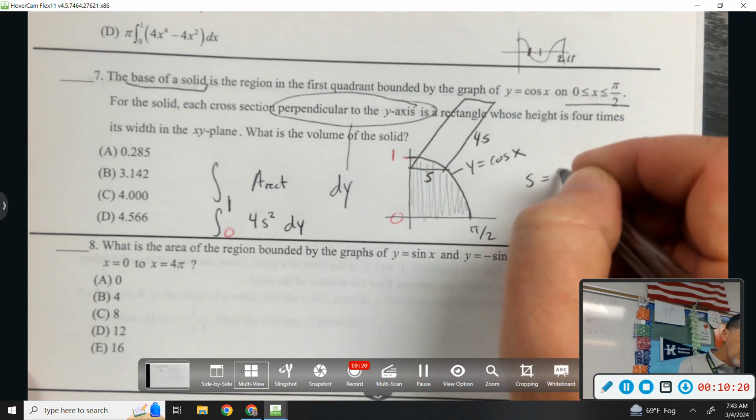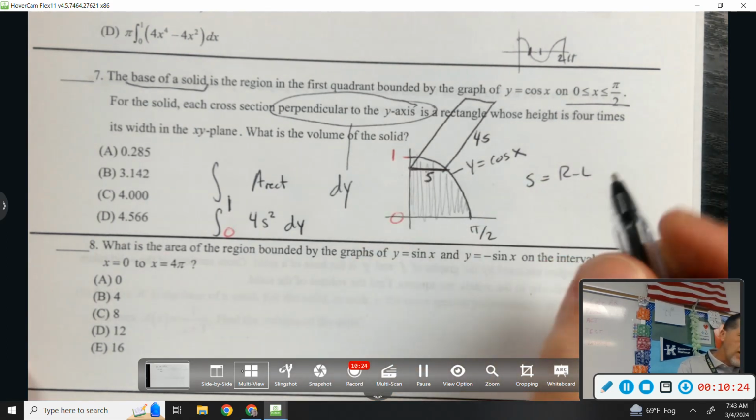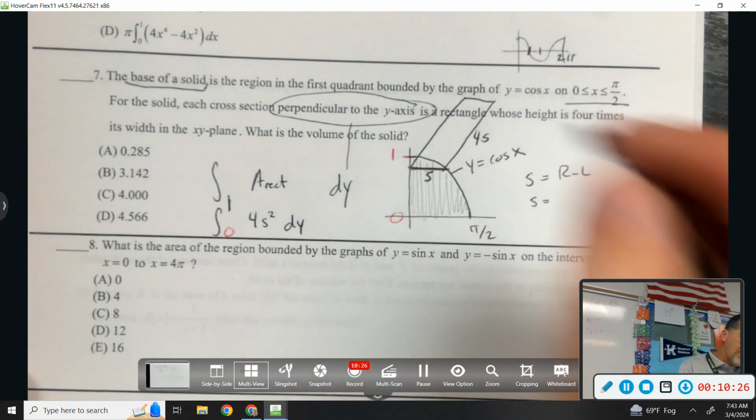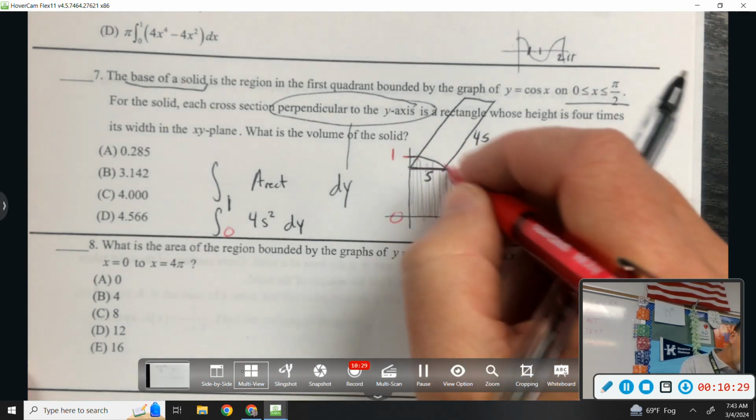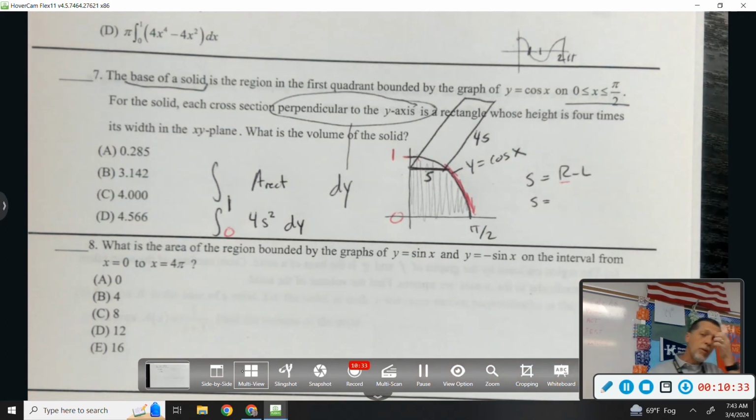S is right minus left. So the right-hand side is this, which is cosine of x, but why is that a problem? Or why is that not what I want to use? Yeah, it's an x thing, and I need a y thing.